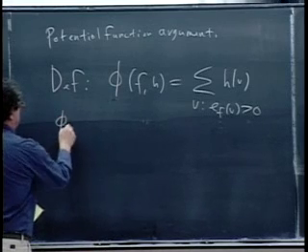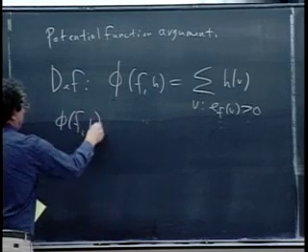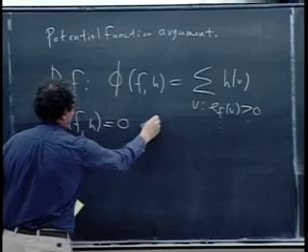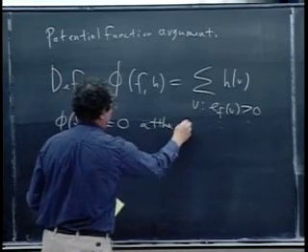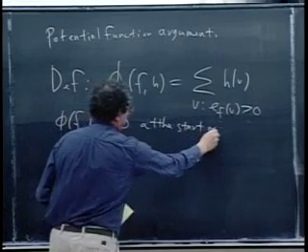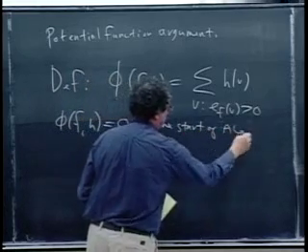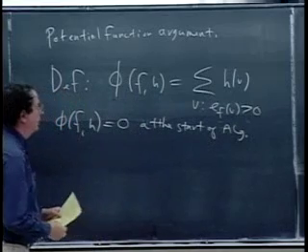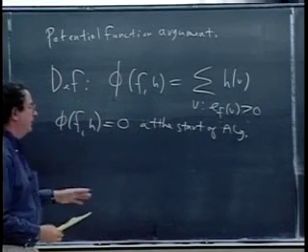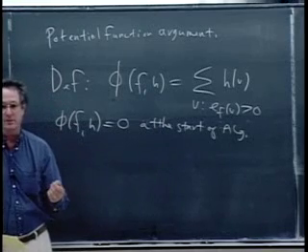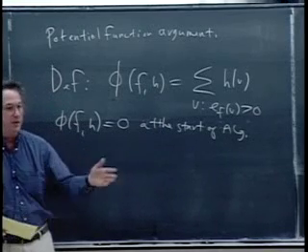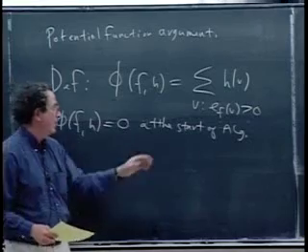And where does it start? At the start of the algorithm, I should have defined that the source is not considered to have excess. It has an infinite supply there, but that's not considered excess.